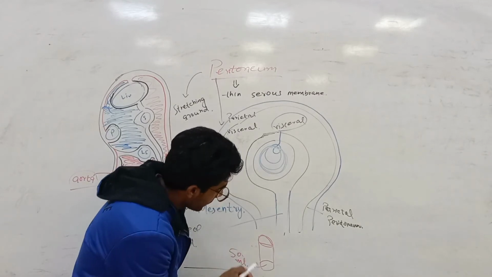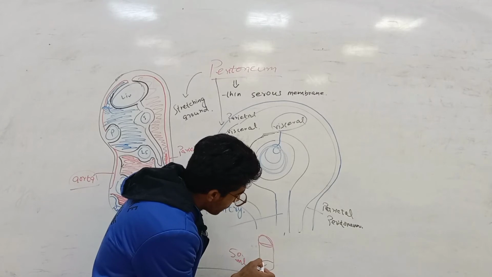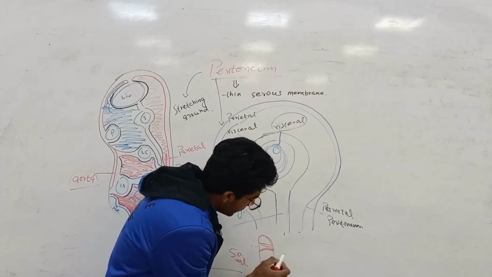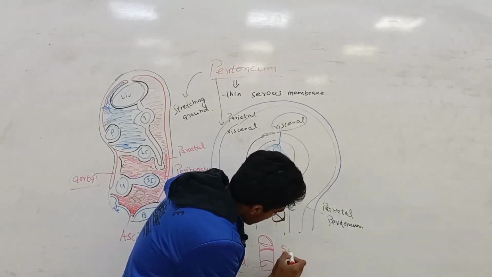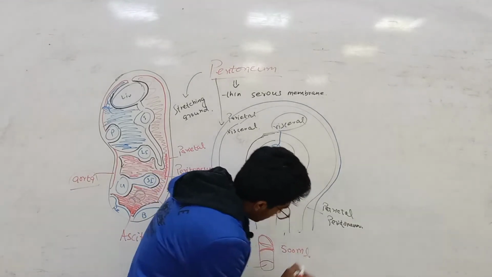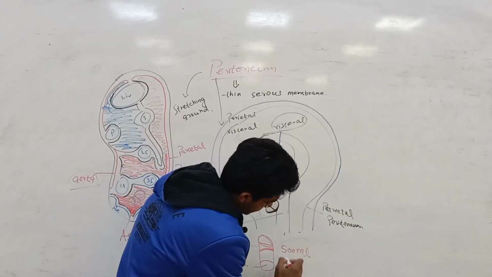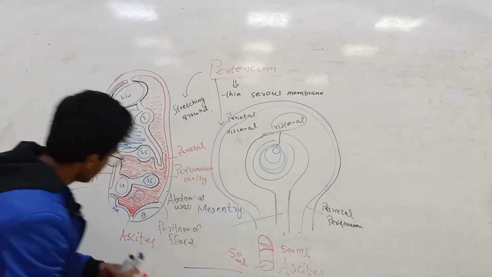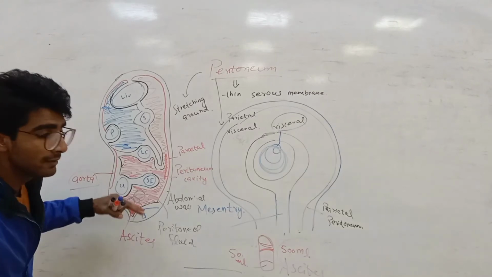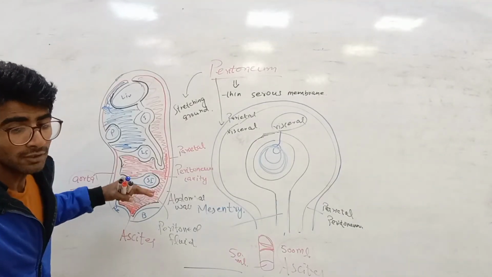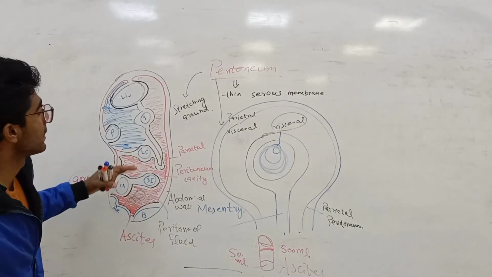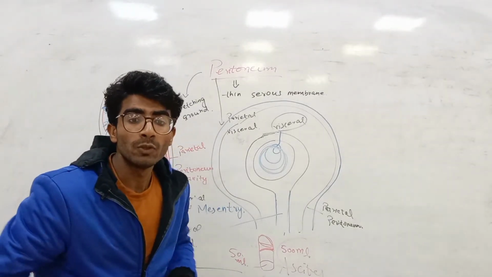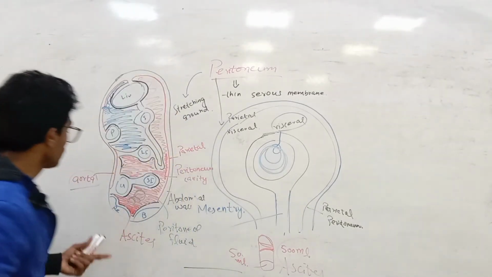But when the level of cola goes upward, this is called ascites. Same here, when the concentration of fluid in the abdominal region increases due to smoking and some other factors, this is called ascites.